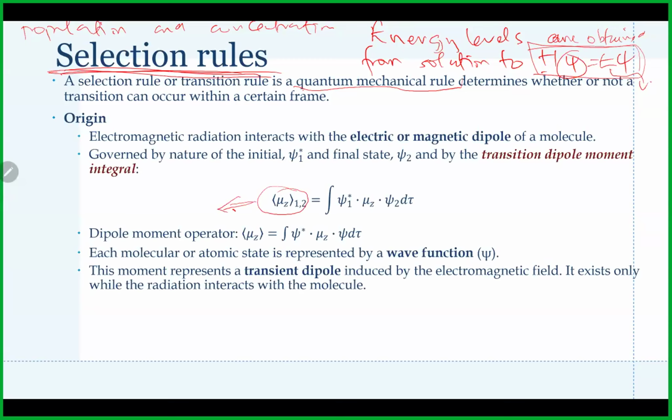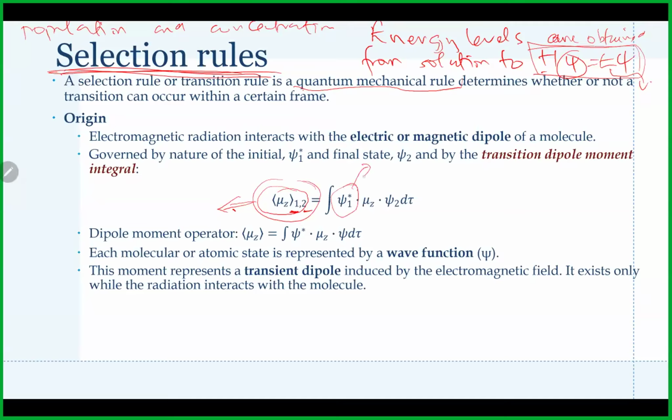I said R was a transition moment that the Einstein coefficient is dependent upon. Okay, so this one is a transition dipole moment from state 1 to state 2.